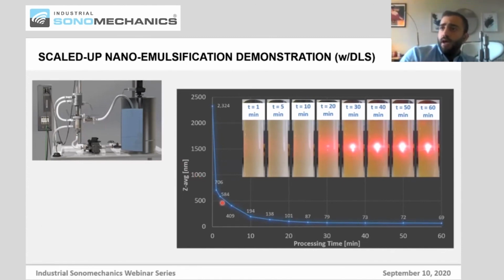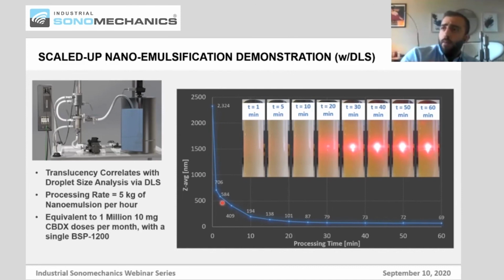And we can see that the decreasing droplet size again correlates with an increase in translucency. These again are pictures of a light being shined from behind the samples. The processing time in which the droplet size plateaus, essentially where our nano-emulsification was complete, was about 40 to 60 minutes.